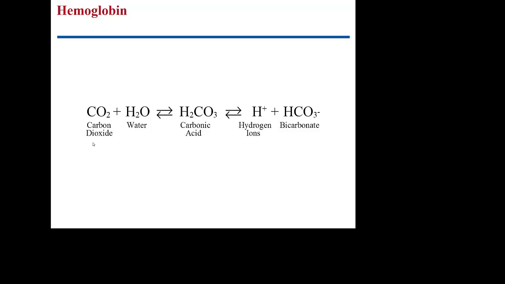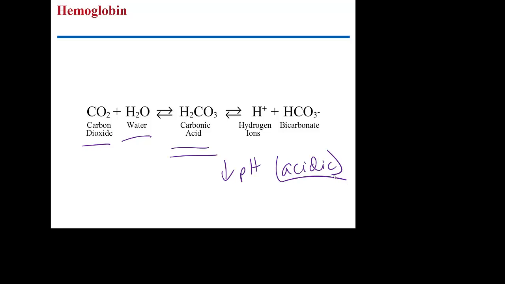If you have high levels of carbon dioxide in water, you make carbonic acid. Carbonic acid is what decreases the pH or makes it more acidic in your bloodstream.